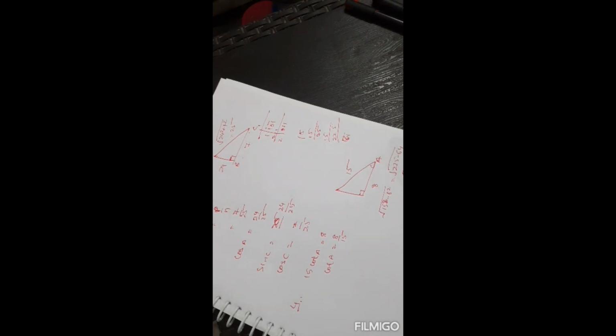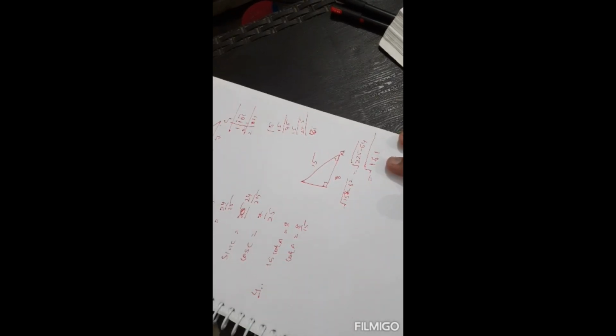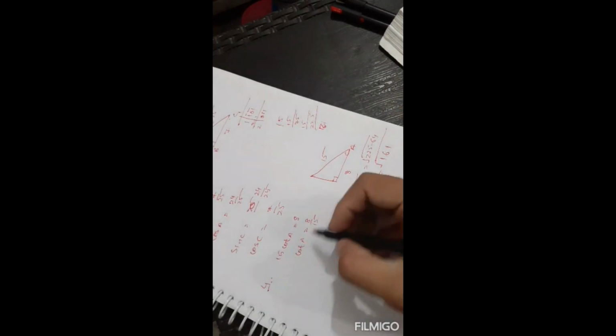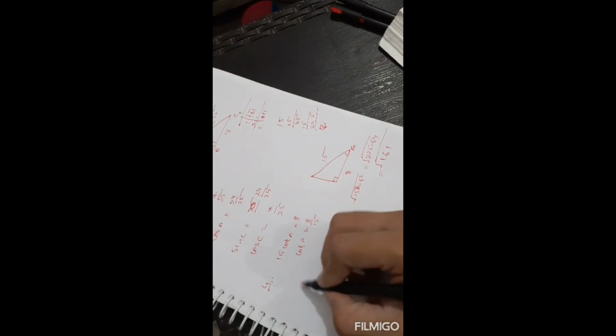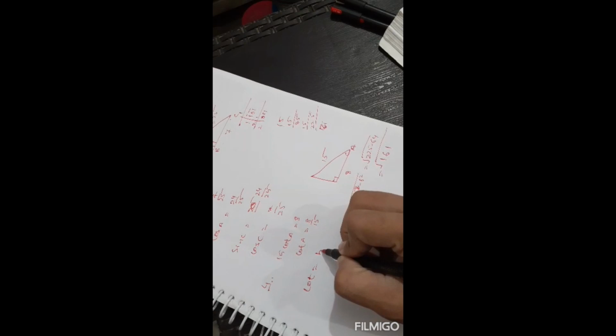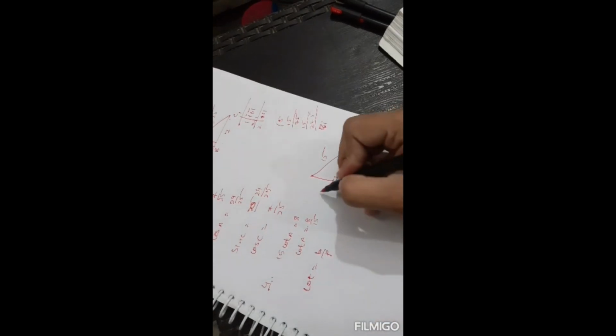Exercise 8.1, question number 4. Okay, we have done it wrong, because cot A equals base by perpendicular, base divided by perpendicular.